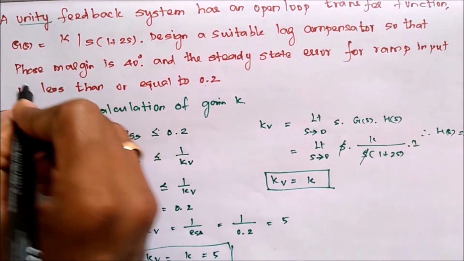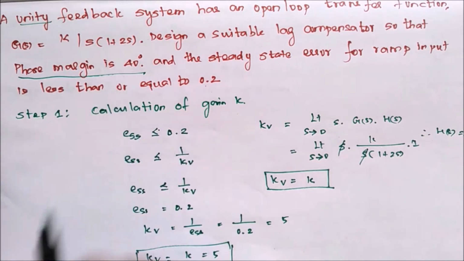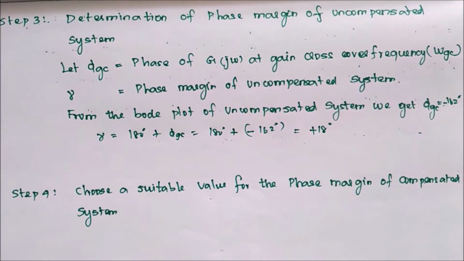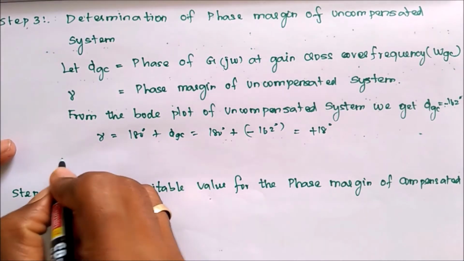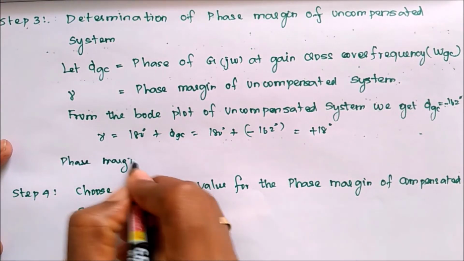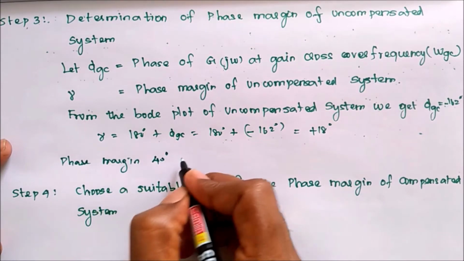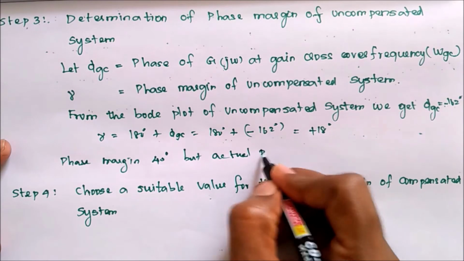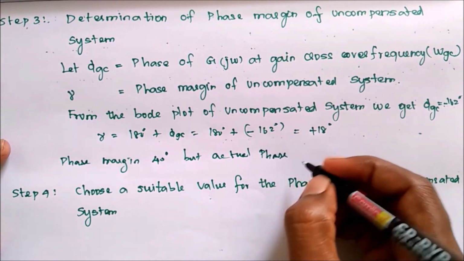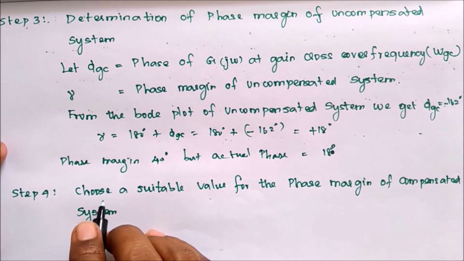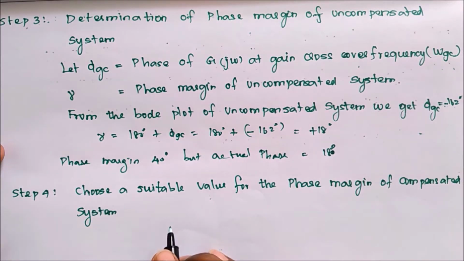The required phase margin is 40 degree, but the actual phase margin of the uncompensated system is 18 degree. Therefore we have to go into designing the lag compensator.